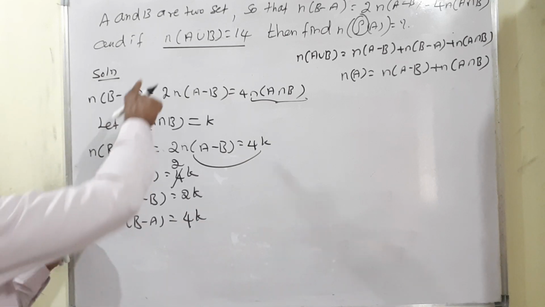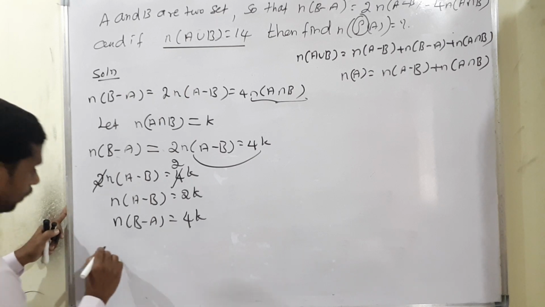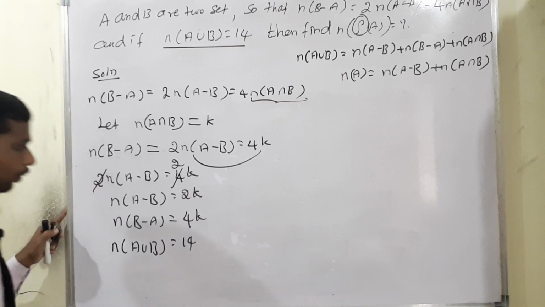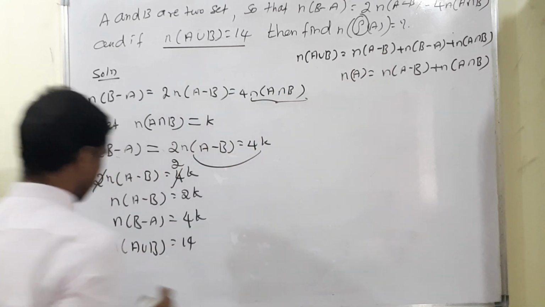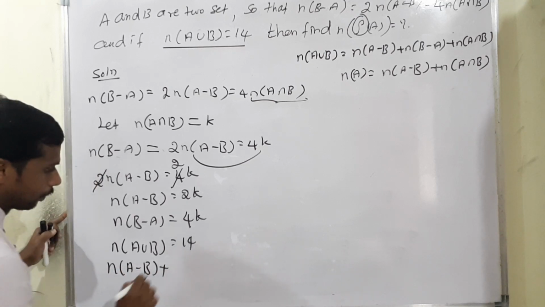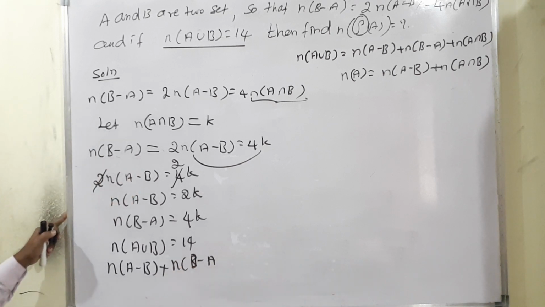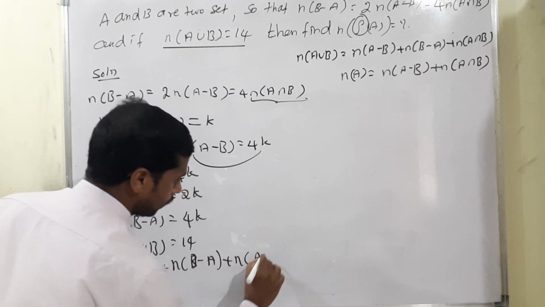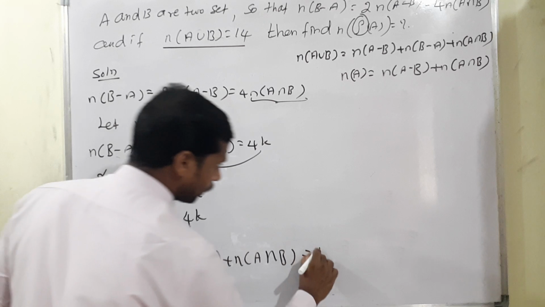Another condition: number of A union B is equal to 14. A union B, what is the formula? Number of A minus B plus number of B minus A plus number of A intersection B. This whole term will be equal to 14, isn't it?